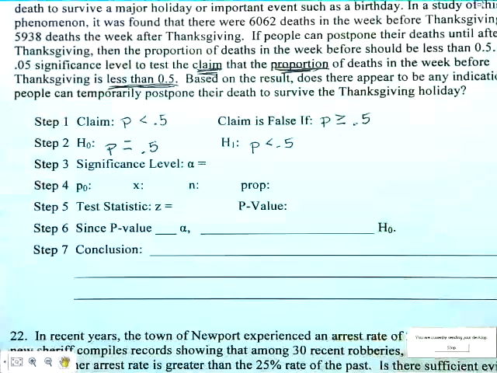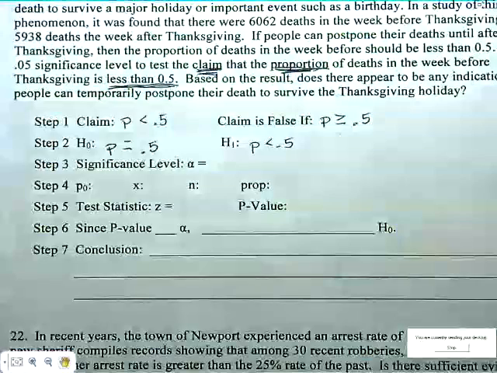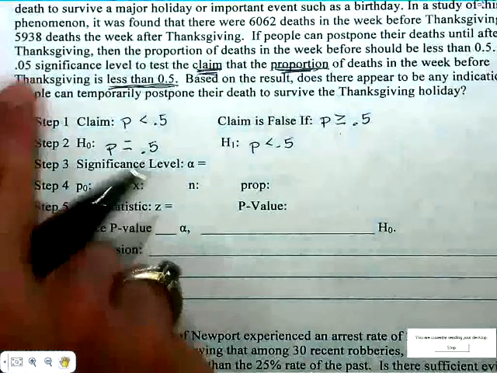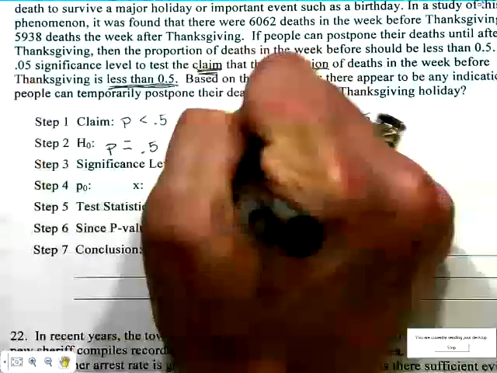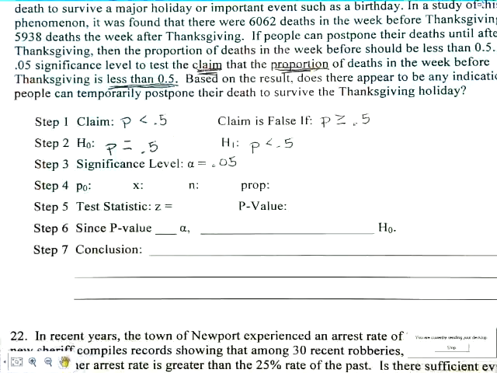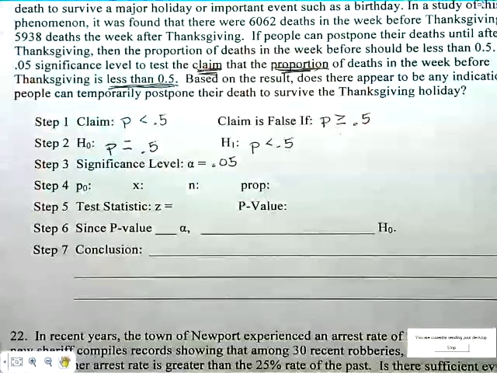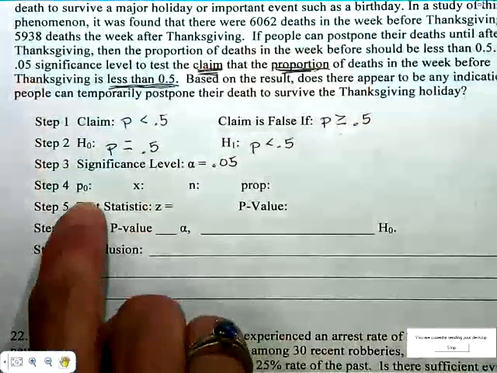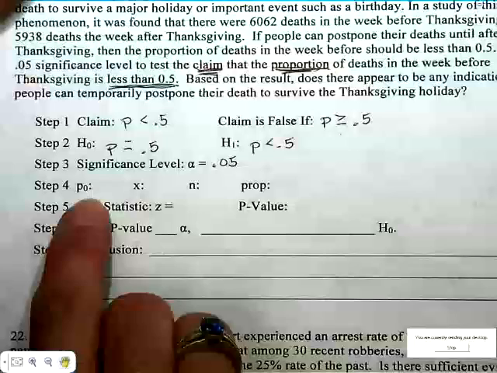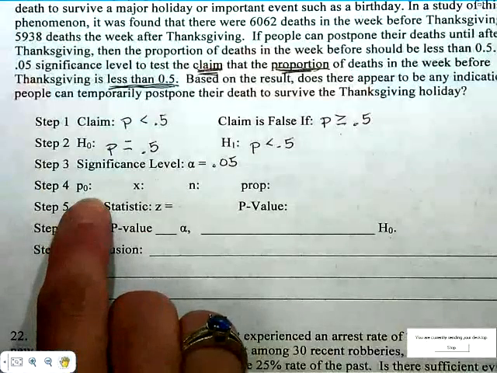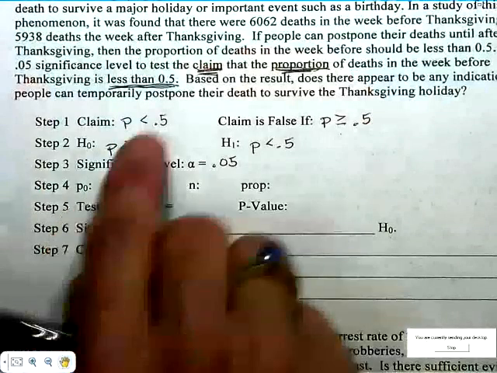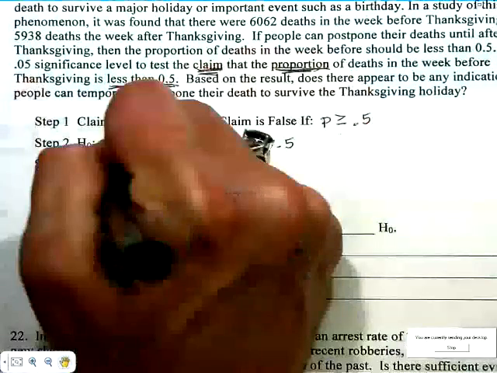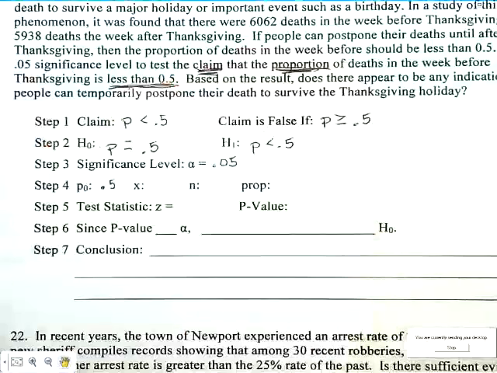What significance level are we given? That's the 0.05. And now I'm ready for the calculator. What am I going to put in for P sub 0 on the calculator? The proportion that's in the null hypothesis, 0.5. What will I put for X?